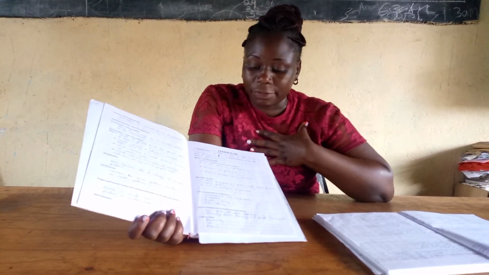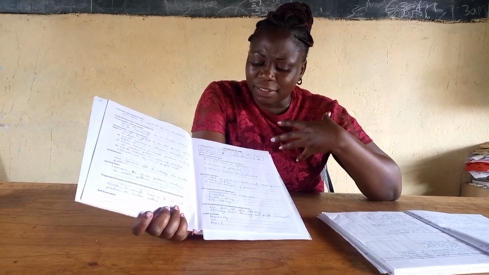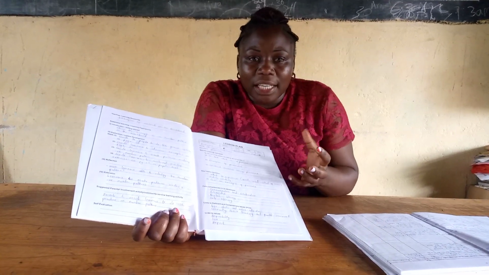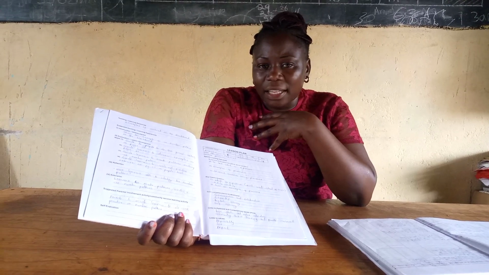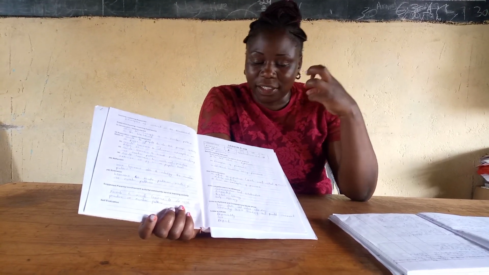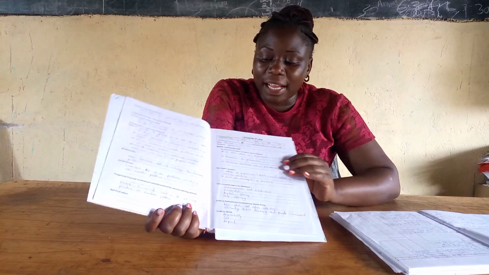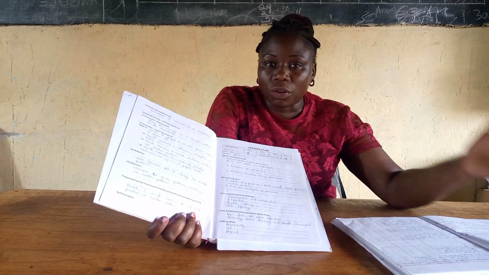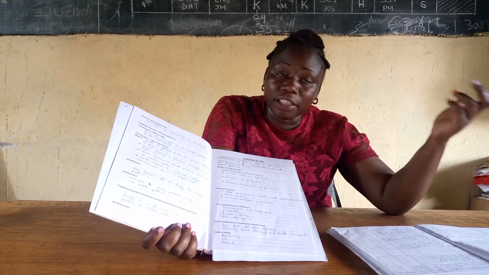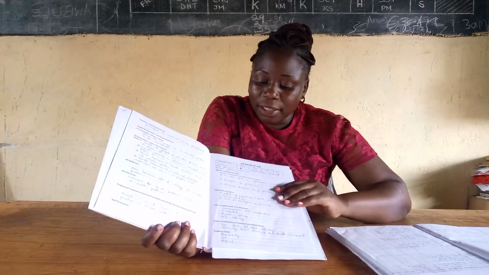Then we have the core competence to be developed. What is the child going to develop through these pronouns? What are the core competences that you want the learner to develop? At the end of the day, it's geared towards the learner, the character of the learner, the whole being, the holistic child. What is this child gaining, and how is it going to benefit this child in his or her daily work?